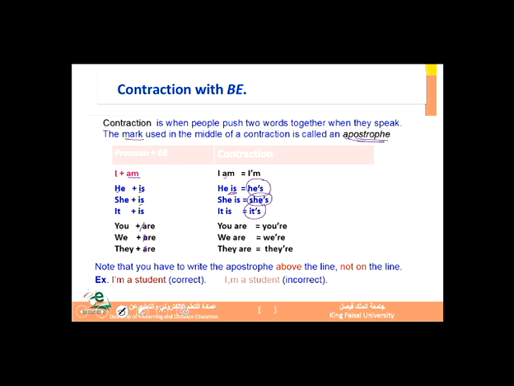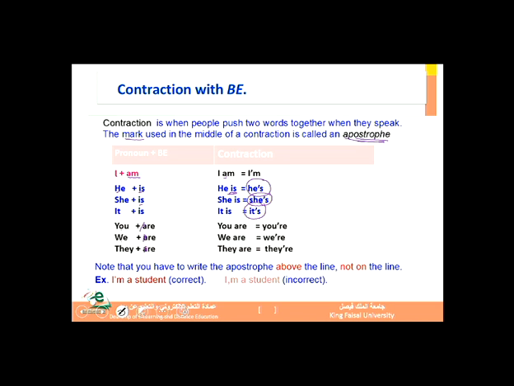We have pushed the words they and are together. When we produce them, we push them together. You're and we're, and probably they're. So rather than having a somewhat independent pronunciation of you and are, we push them together. We say them together, if you like.